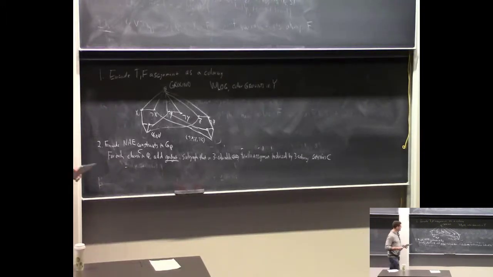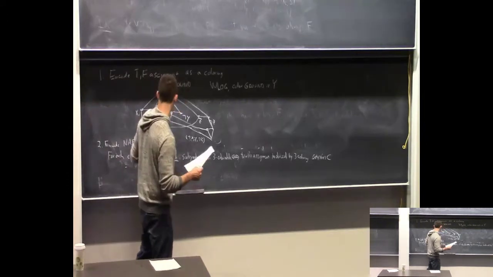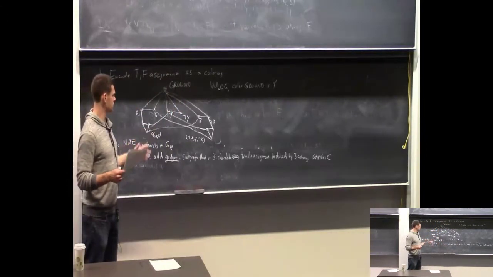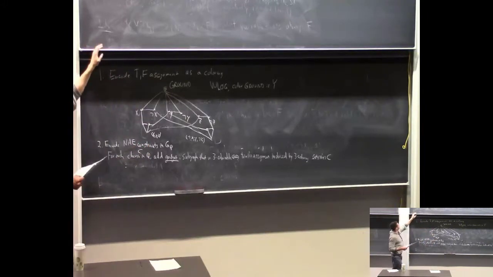To see that, what do I need to show you? I need to show you that it works in both directions. That if I have a valid NAE-SAT assignment, then I get a valid coloring, and vice versa.